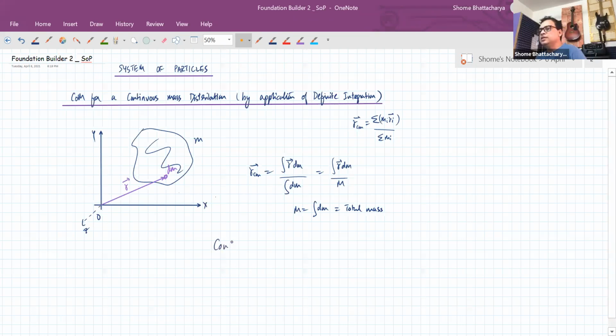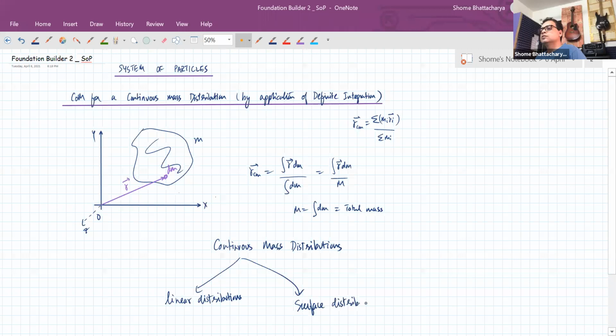So continuous mass distribution systems can have these following three categories. They can be linear distributions, they can be surfaces or surface distributions, or they can be volume distributions.